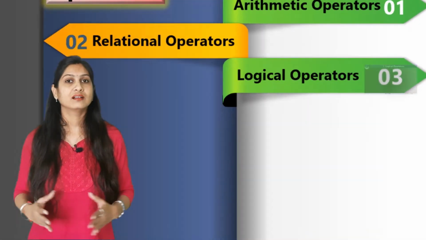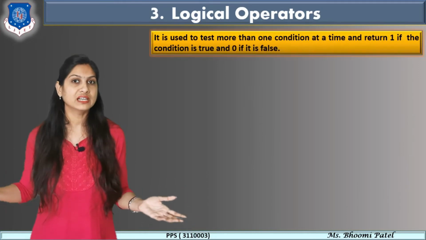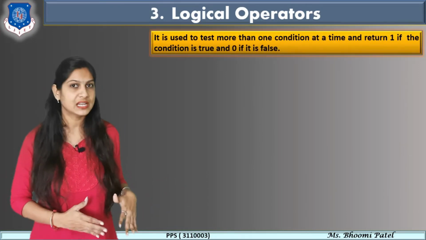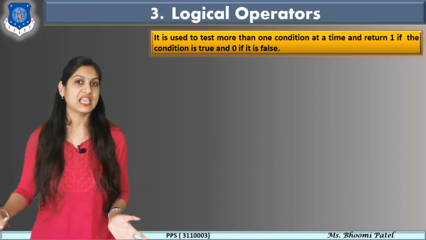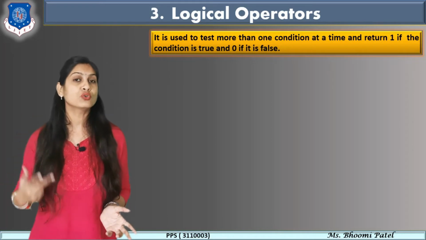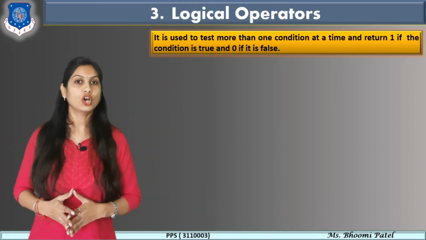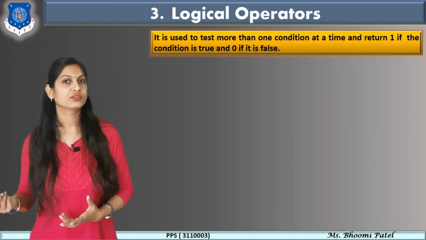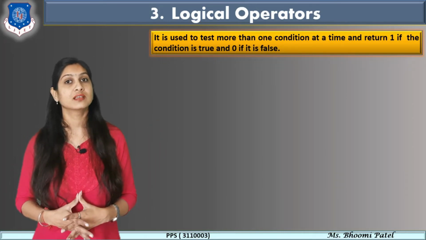Now why are we using these operators? When we have more than one condition. If we have only a single condition, then we just use relational operators, but suppose I have more conditions to check, two conditions at a time. At that moment we have to use logical operators, and again if the condition becomes true it returns 1 and if it becomes false it returns 0.